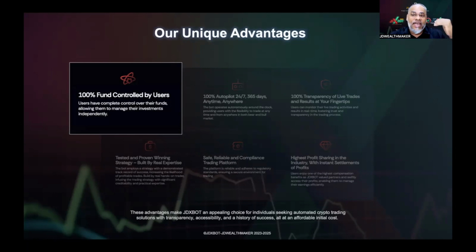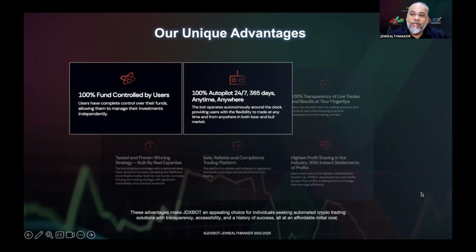I think all these aspects of the fund management are basically given to the user itself. So this is exciting because JD Expert has no access to your fund in your own exchanges. So in this manner, the user will have the peace of mind knowing that their fund is controlled 100% by them. Okay, so this is important, right?